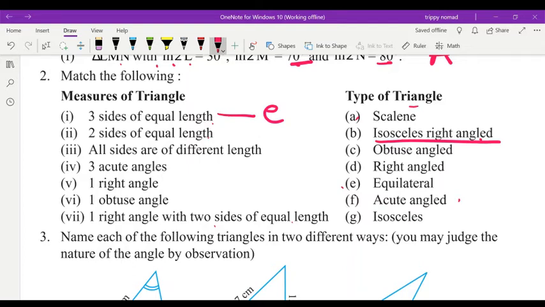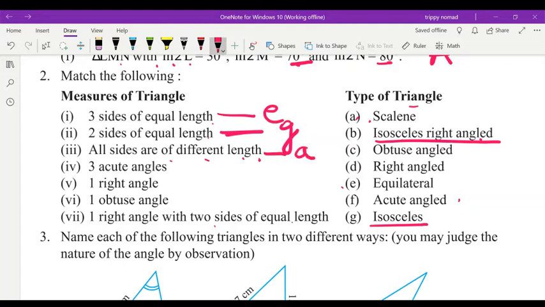If two sides have equal length, that will be isosceles. Where is it? Yes, isosceles is G. Okay, I am taking time to find where it is written.